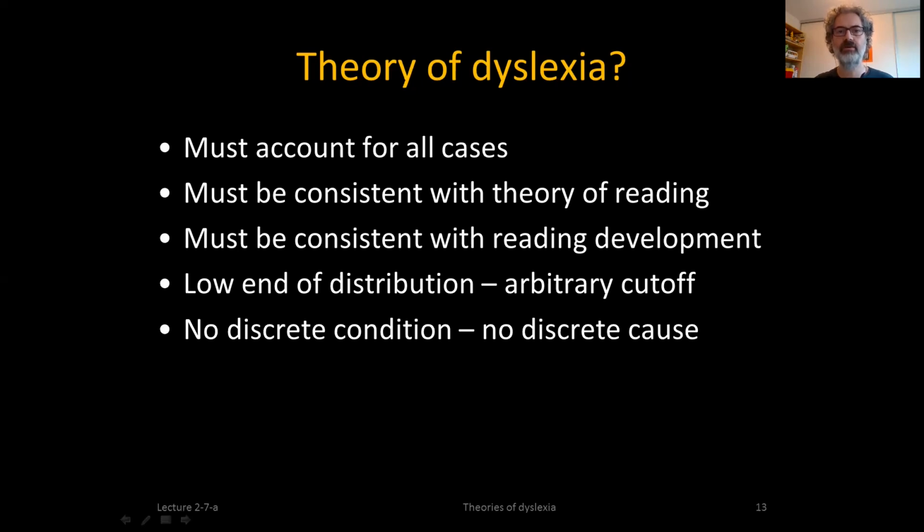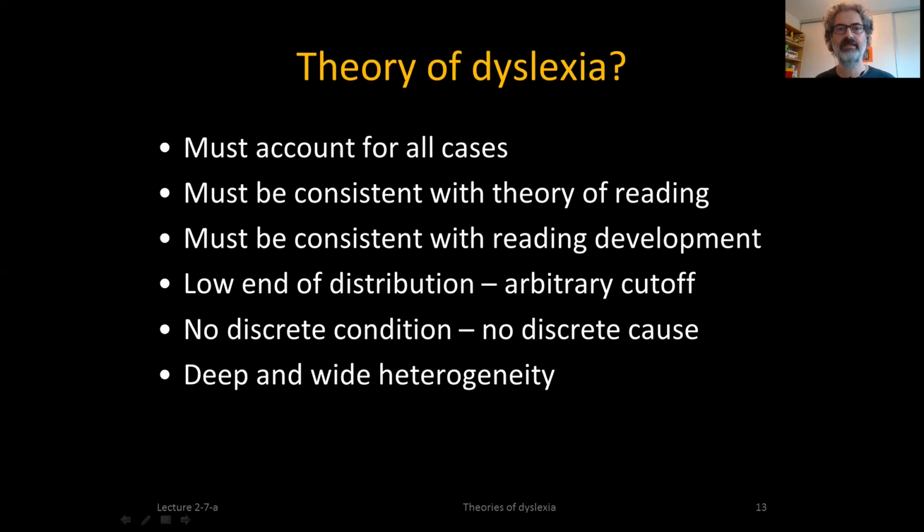Dyslexia is no longer viewed as a discrete condition. It is well understood and accepted in the reading field that dyslexia concerns the low end of performance in the distribution of reading skill. And we arbitrarily choose some cutoff point and call dyslexic everyone below that. We could have chosen another cutoff point above or below that. So a theory of dyslexia must lead to a distribution of skill and not to a binary outcome.